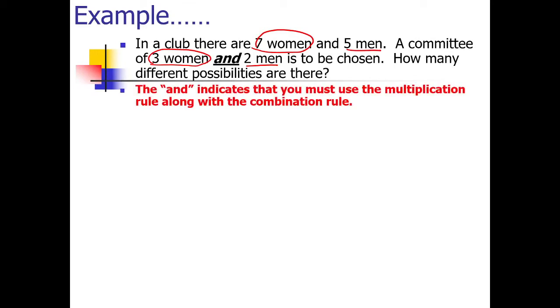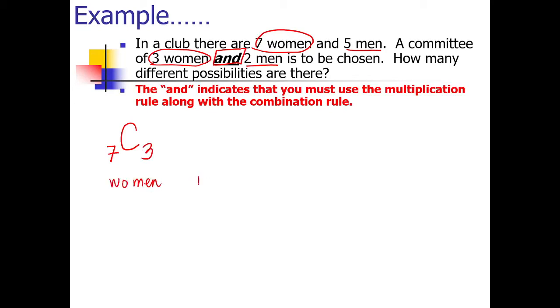The word and here indicates that you must use the multiplication rule along with the combination rule. So let's start first with the women. For the women, what is n? 7. And how many are we choosing from the women? 3. Okay, this is for the women.